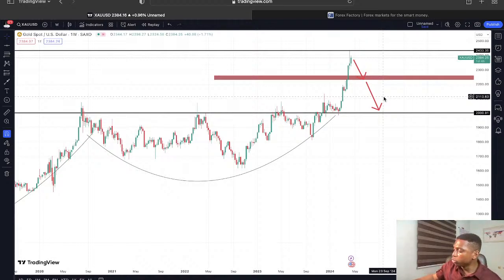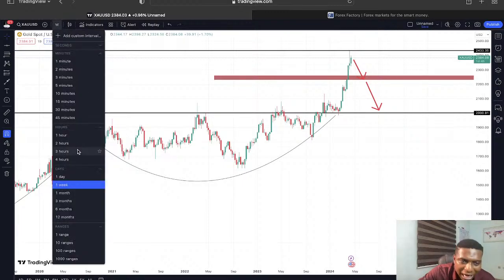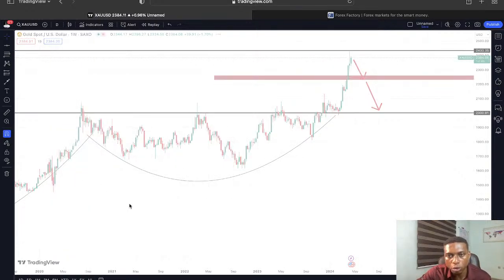So the war might drive the demand for gold. That's also very important to observe. So on gold, we are having a bearish outlook.